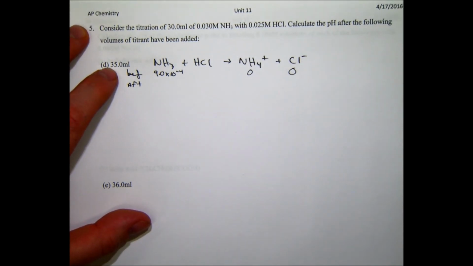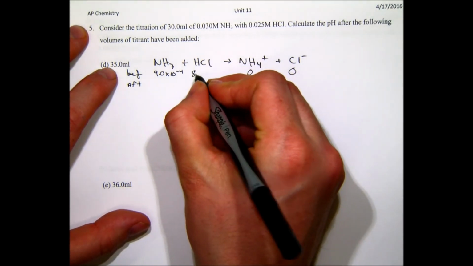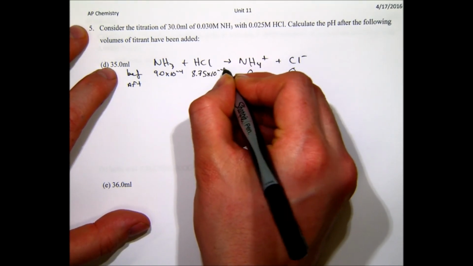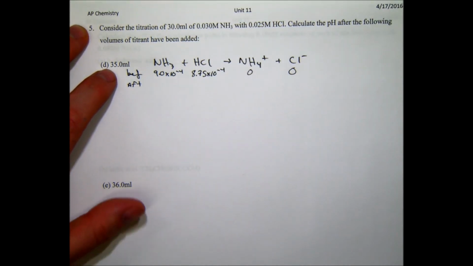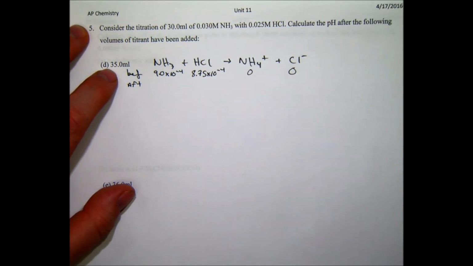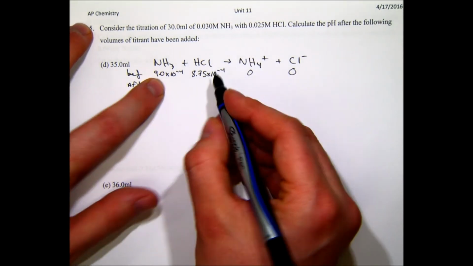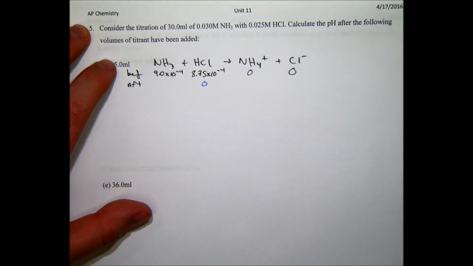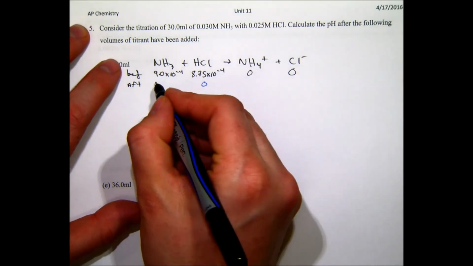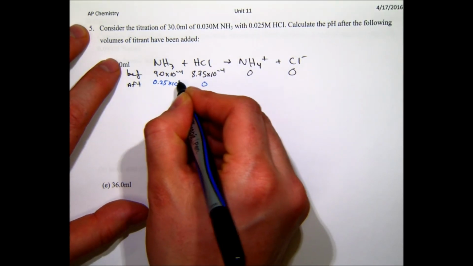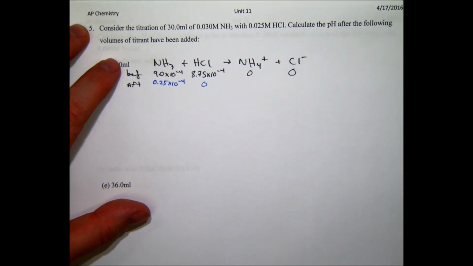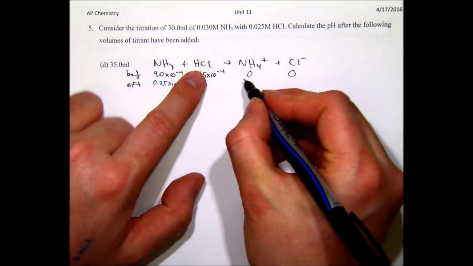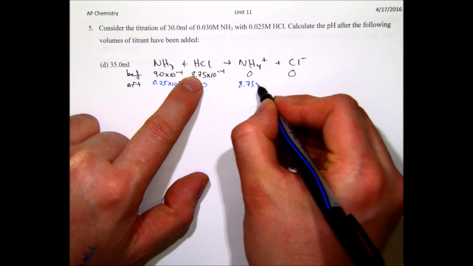Recalculate the amount of HCl, so 0.025 molar HCl times 0.035 liters, and that will give us our new concentration, and we end up with 8.75 times 10 to the negative 4 moles of HCl. We now recalculate, look at them. This one is still smaller, so that's my limiting reactant, leaving me with 0. That means that there is going to be only 0.25 times 10 to the negative 4 of that left. This number moves down to here.